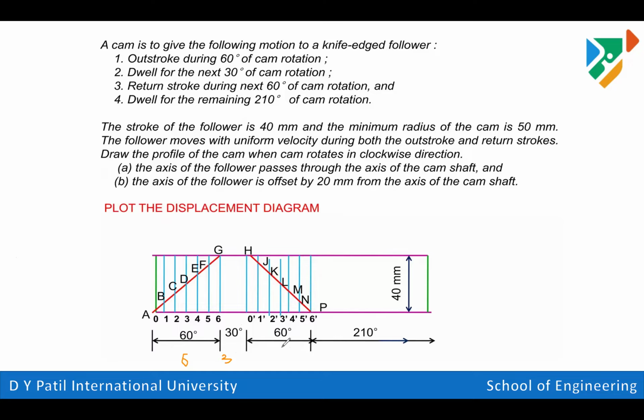And for the remaining orientation, again we have a line of 6 centimeter. These lines we need to draw. Then we just connect the diagonal points. So we have points A, B, C, D, E, F, G, H, I, J, K, L, M, and P. The remaining angle is 210 because the total cam rotation is 360 degrees: 60 plus 30 is 90, plus 60 is 150, plus 210, the total is 360 degrees.